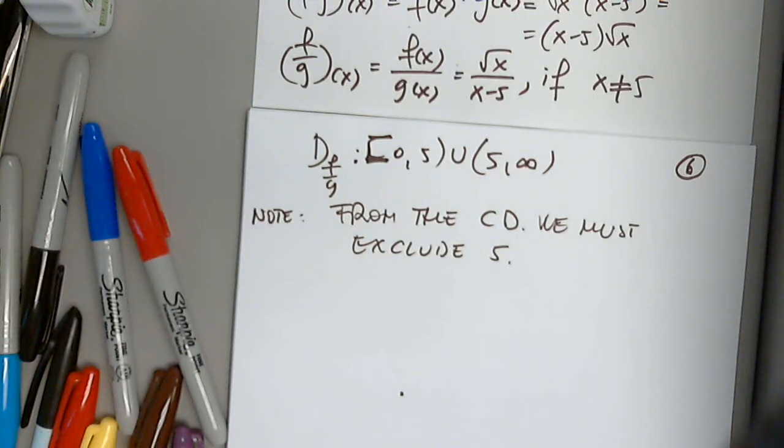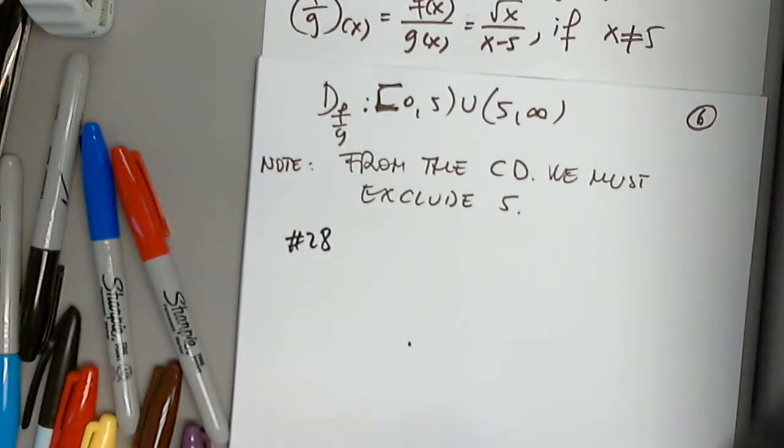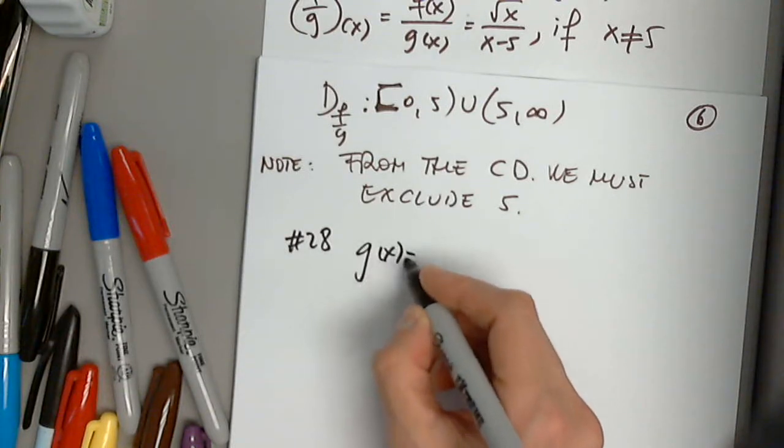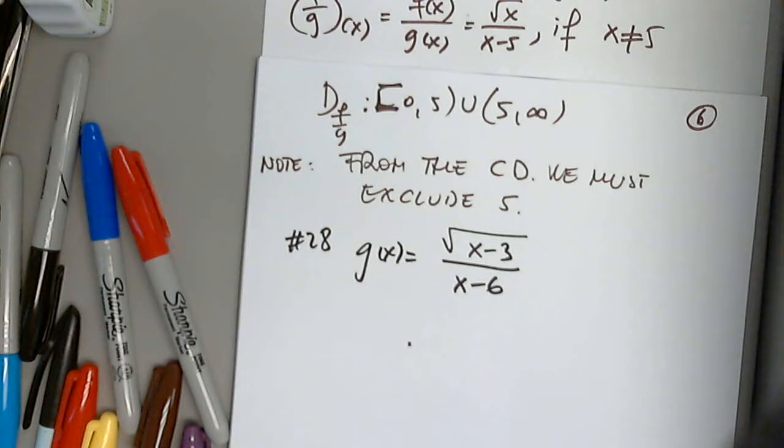So that's function composition. For example, I like to look at problem 28 before we move on, where we are given a function g of x, the square root of x minus 3 over x minus 6. You could say that this is a function that is determined as a ratio of two functions.